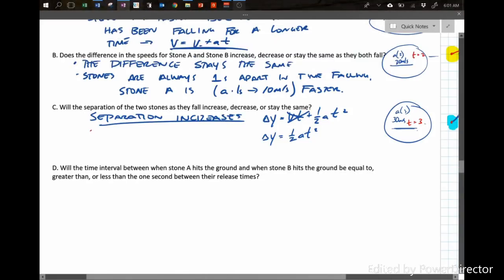So displacement is proportional to t squared.